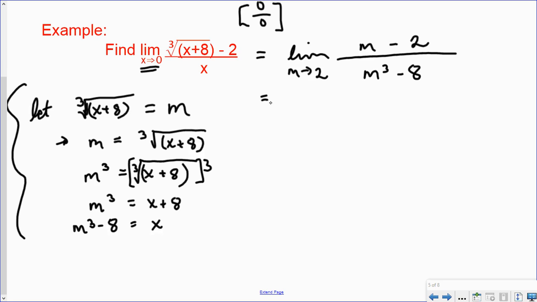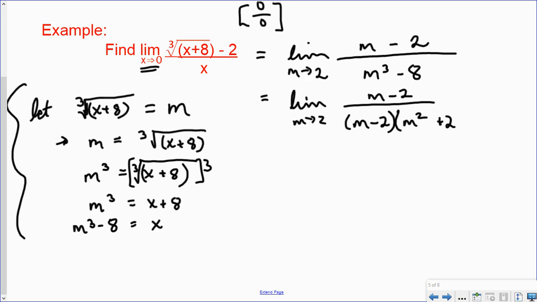Now, this looks familiar. I've got m minus 2, and then I can factor that using my difference of cubes. I've got m squared plus 2m plus 4.